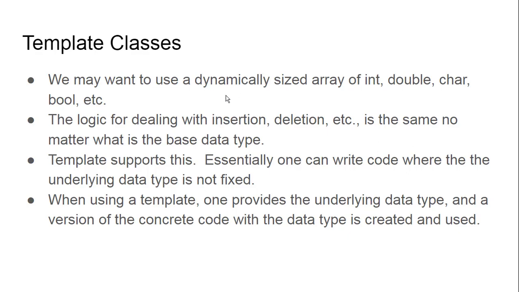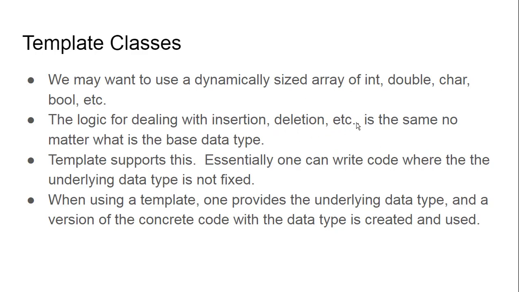So in a sense, the logic for manipulating the data is similar. It doesn't matter whether we are dealing with an int array or a double array. The code should be similar. However, the code is not exactly the same because we have to put a data type for the variable.